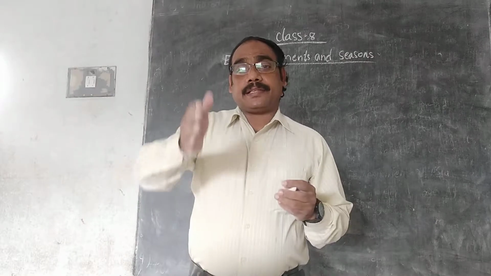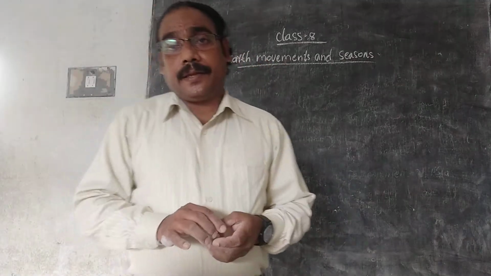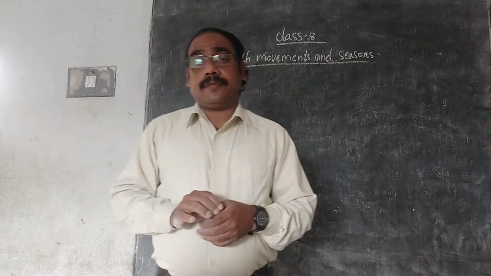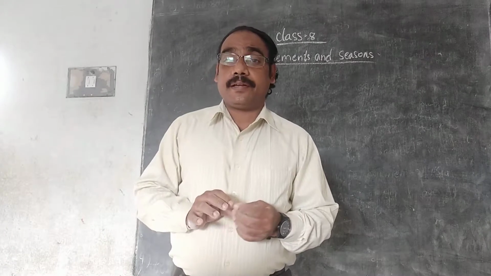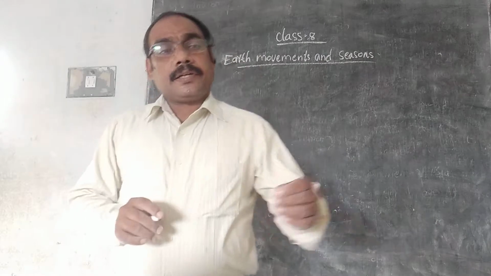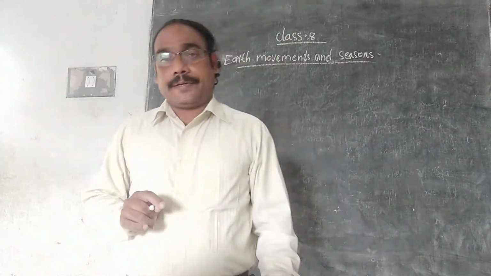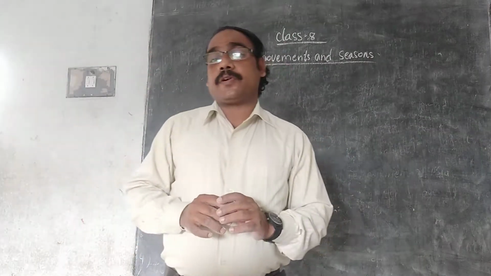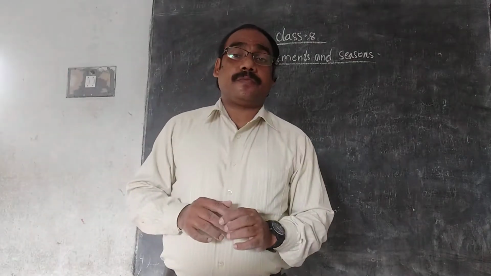So in different areas, as we are having the continents, different continents have different temperature and different climate. Time also will be different. This all happens because of rotation and revolution.